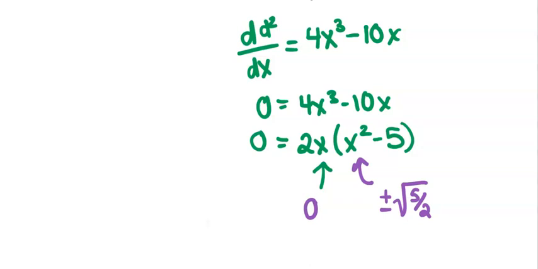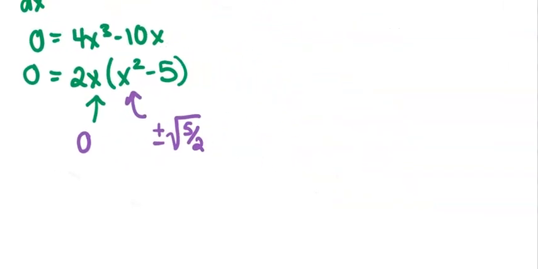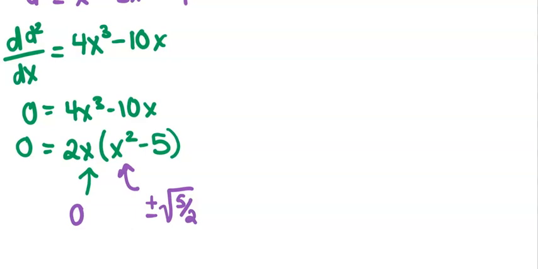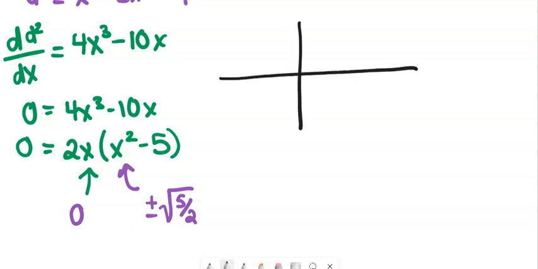Okay, let's draw a graph just so we can see a graph of the derivative. So I'm graphing this guy right here. Okay, so I have these 3 roots. I have an answer at 0, I have an answer at negative root 5 over 2, and I have an answer at positive root 5 over 2.